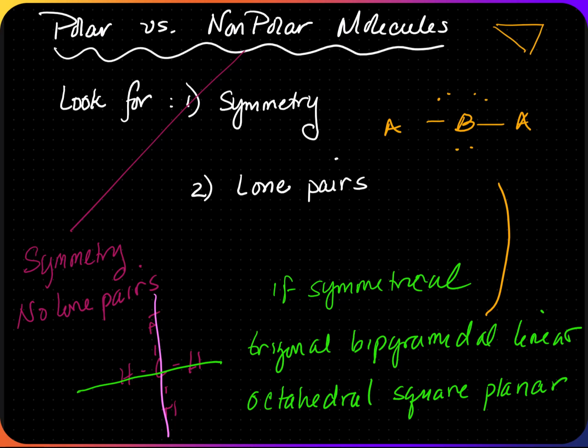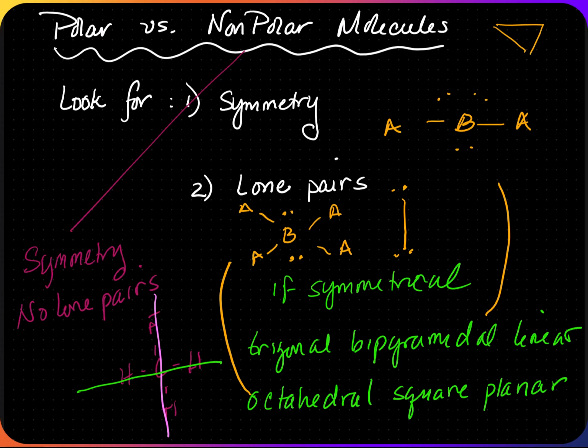The octahedral square planar looks like the following. We have B, and then we have A, lone pairs, lone pairs. The lone pairs here make a line, so they cancel each other out.